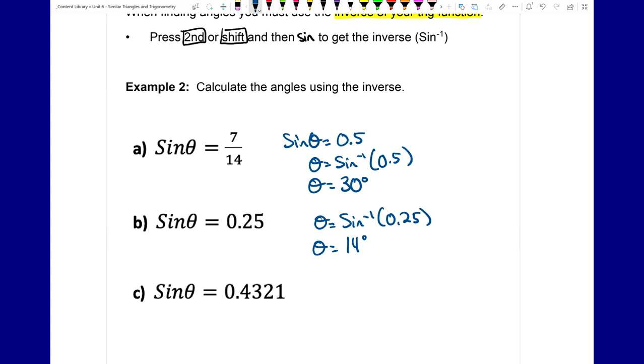And for our last one, theta equals sine -1 of 0.4321. So inverse of sine, 0.4321. We get 25.6, or we can say 26 degrees for our angle. Again, very similar to what we did with the tangent ratio, except instead of tan, we're using sine.